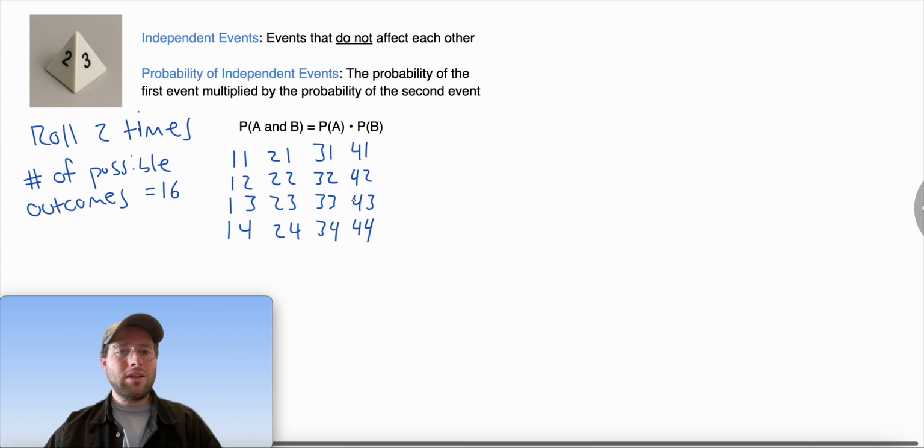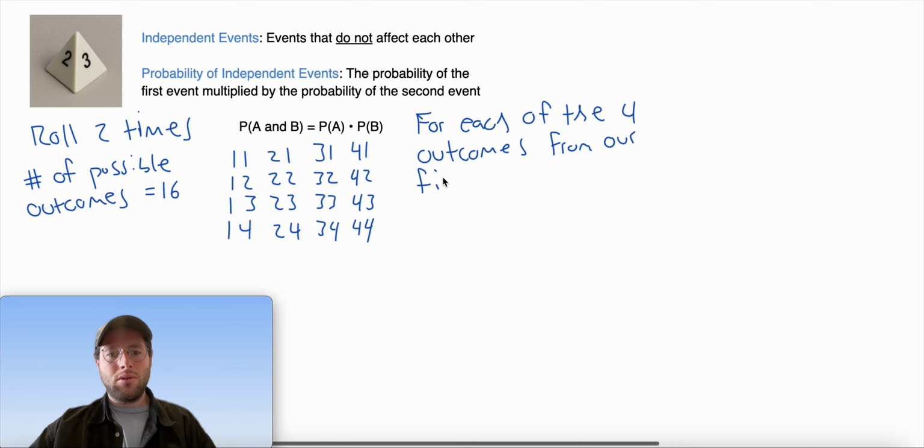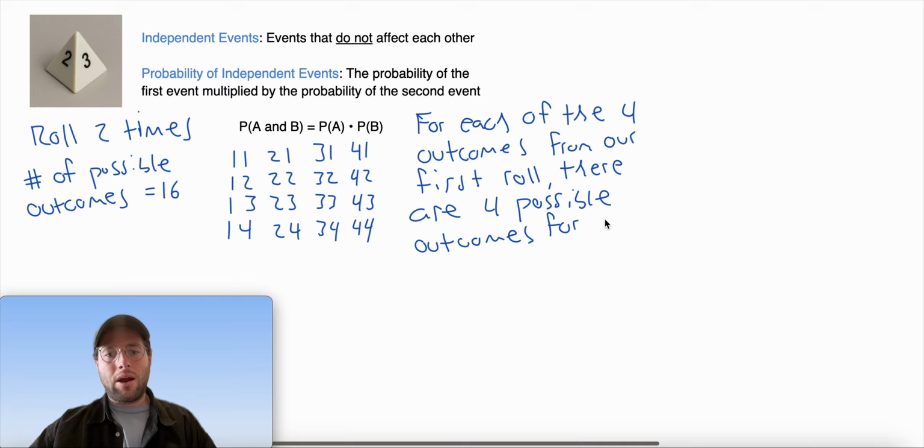For each of the 4 outcomes from our first roll, there are 4 possible outcomes for our second roll.